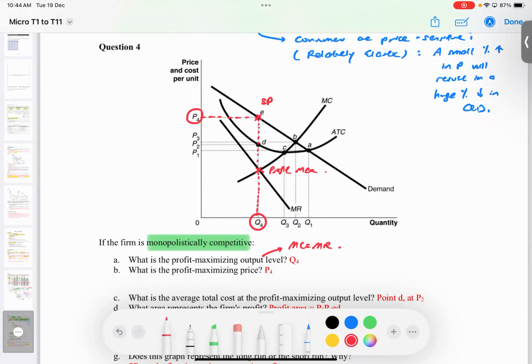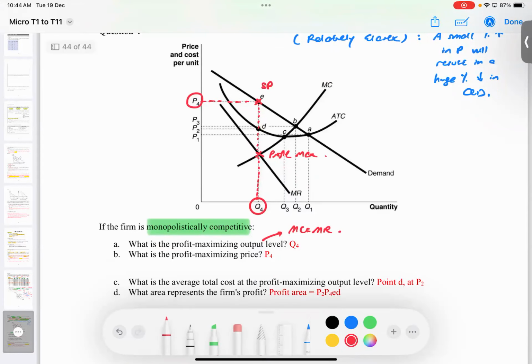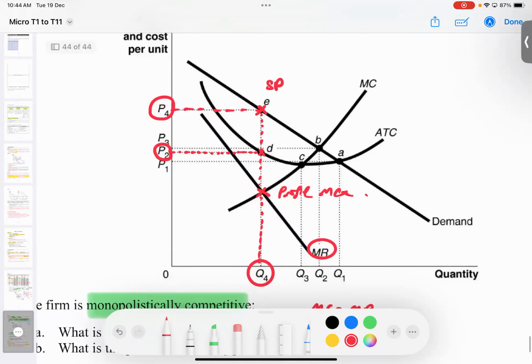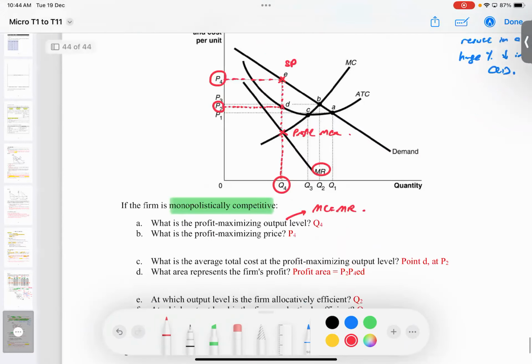Next one. What is the average total cost at the profit maximization level of output? The average total cost is point D here, at P2, the one that touches the average total cost curve.